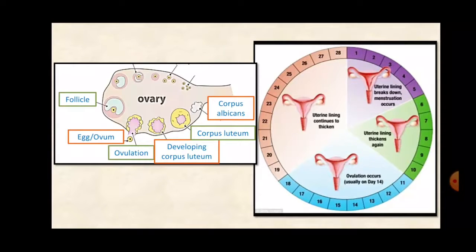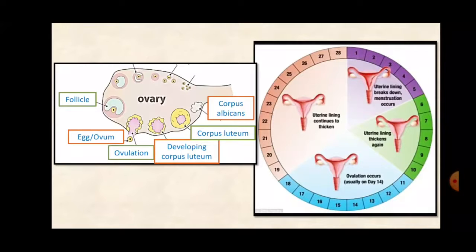Next, the follicle is developed and the developed egg is released from the follicle, that is known as ovulation, the release of ova. Then you have the leftover tissue without the oocyte, which is now developing to form the corpus luteum.